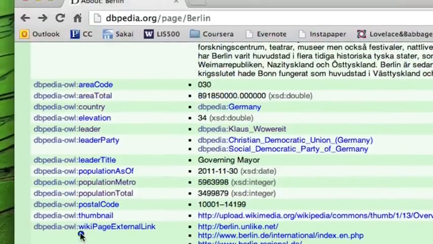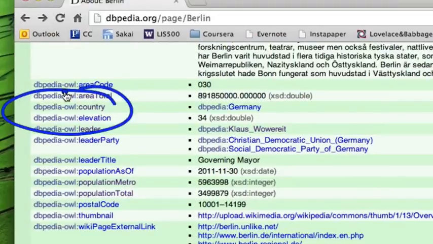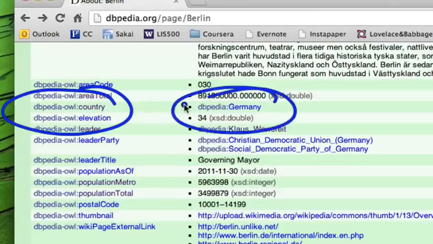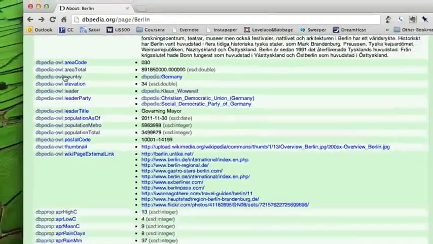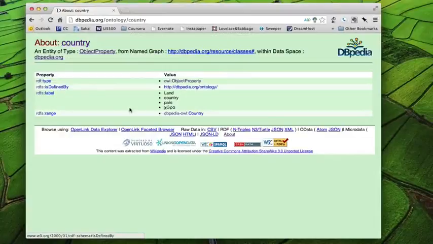Now, one of these triples is country. There is a relationship being established here between Berlin and the DBpedia entity for Germany. Berlin and Germany are two entities. The relationship is country. So let's actually look at the declaration of the relationship country.